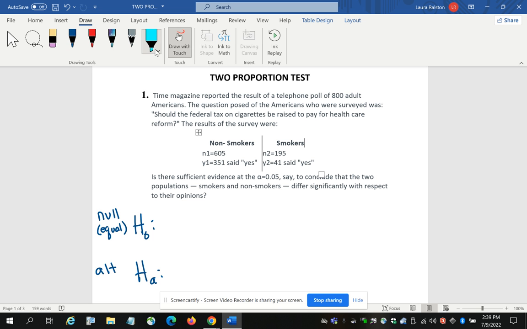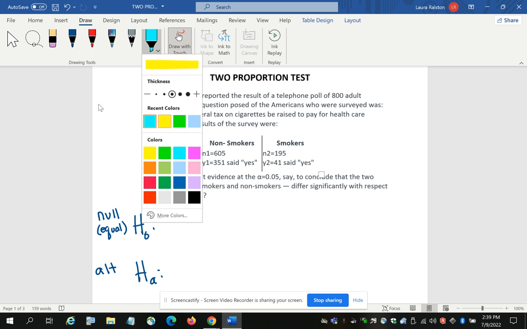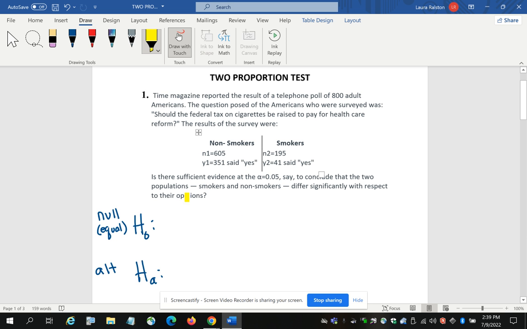The hypothesis should be given somewhere in the scenario, and this one is kind of this last statement, the question, can we conclude that the two populations, we're looking at the big picture, differ significantly with respect to their opinions?